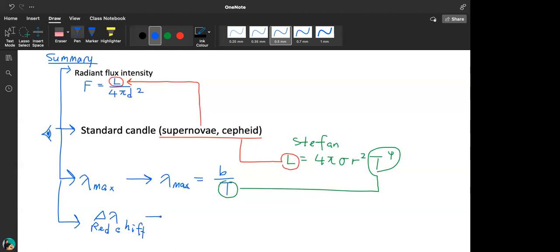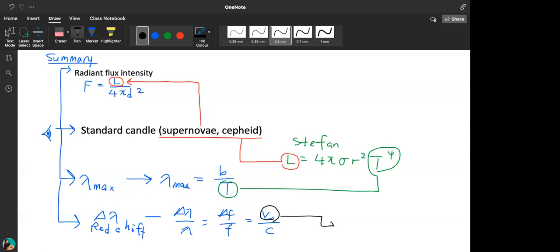And the equation, you have change in lambda over lambda equals relative speed over c. The main purpose of using this is to get the v lah. So get the v, and the v you can also relate to Hubble's law.